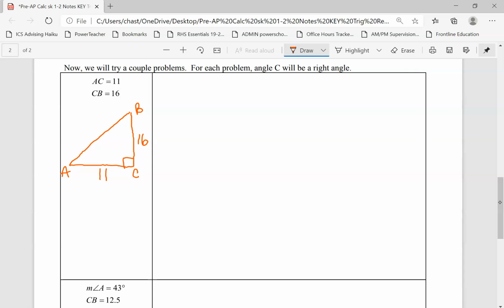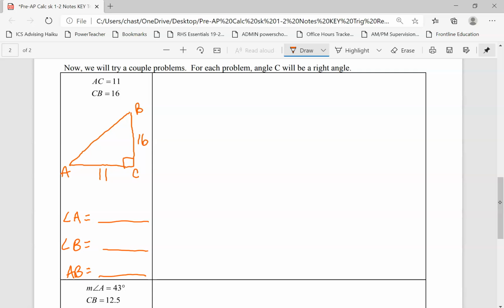Okay. All right, so when we look at this, since we don't know any of the angles, we have to find angle A. We have to find angle B. And we'll also have to find side length AB. So those are the three things we have to find.